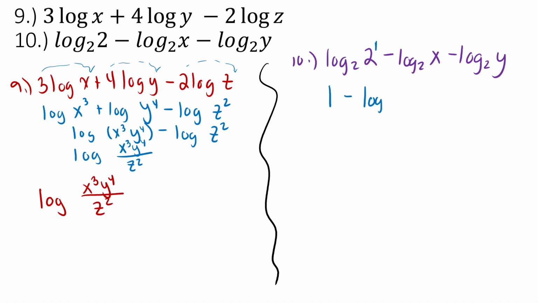Now, instead of dealing with the subtraction, I am going to remember that there is a coefficient of 1 there. And what we are going to do is take the -1 and move it into the exponent.